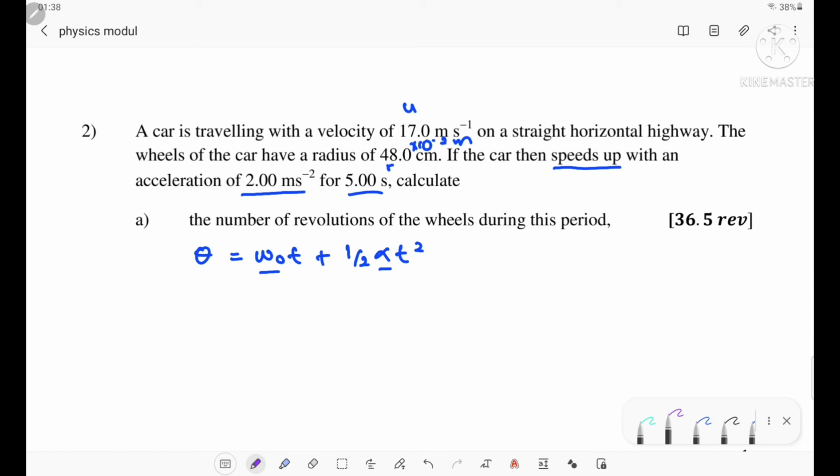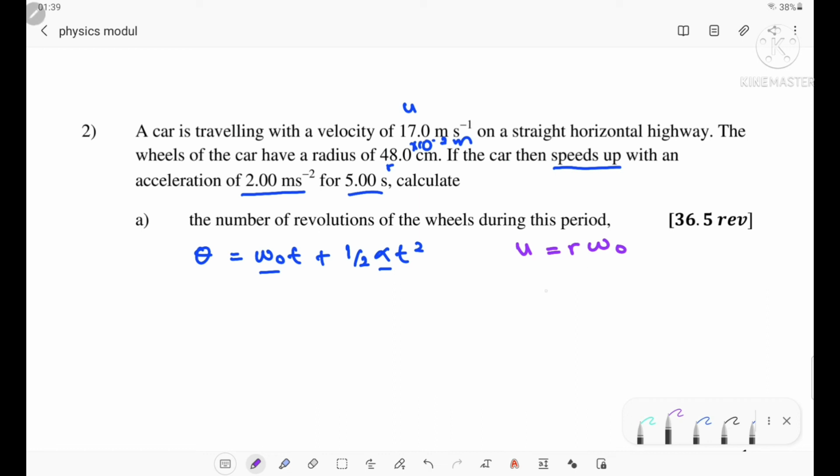We need to refer to the relation between linear kinematics and rotational kinematics. So here we have u is equal to r omega naught. Please recall, this is the relation between linear kinematics and rotational kinematics.